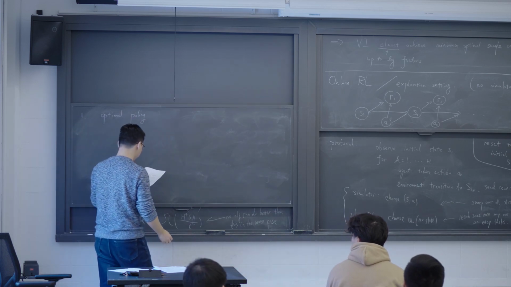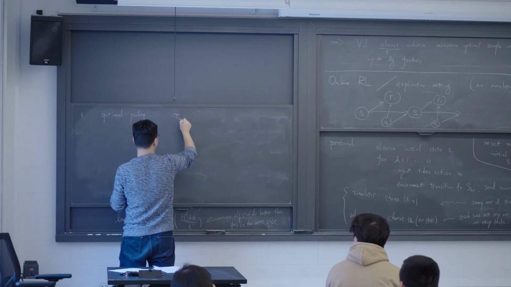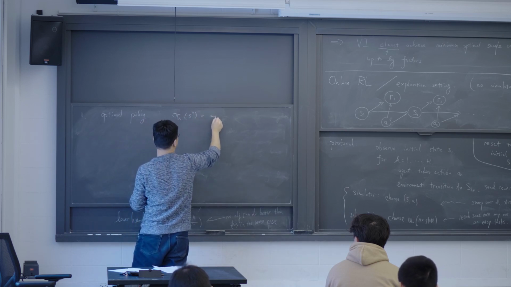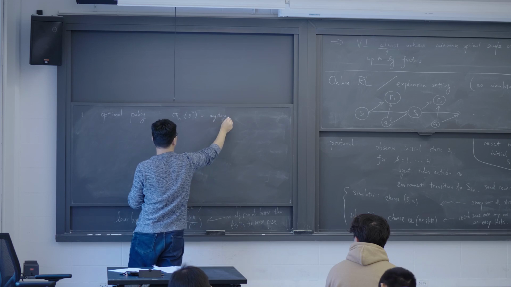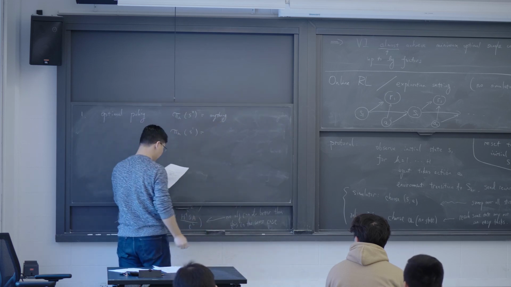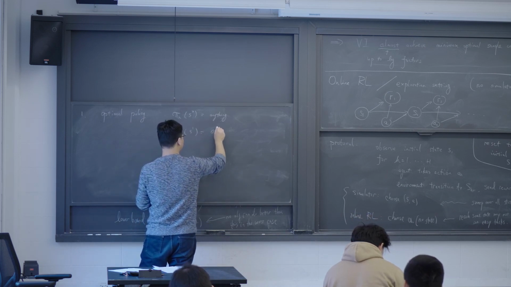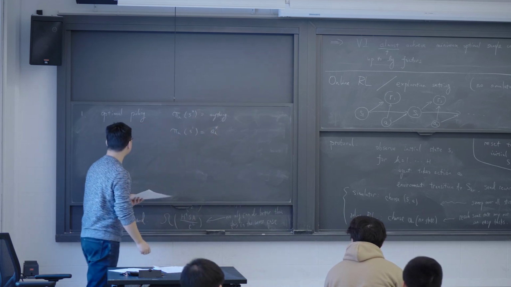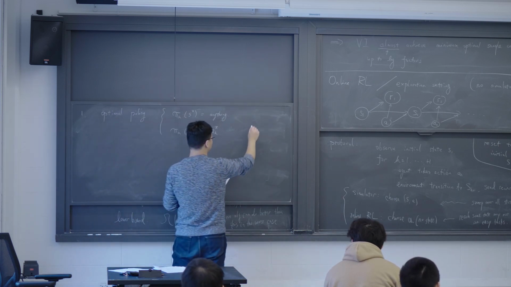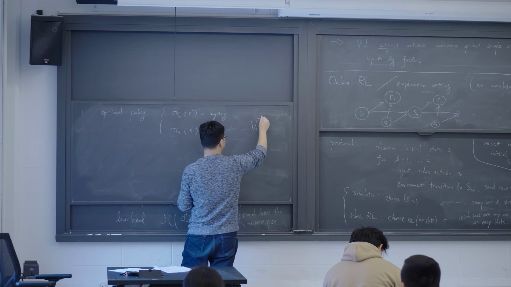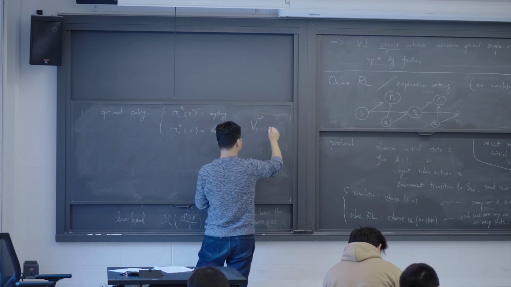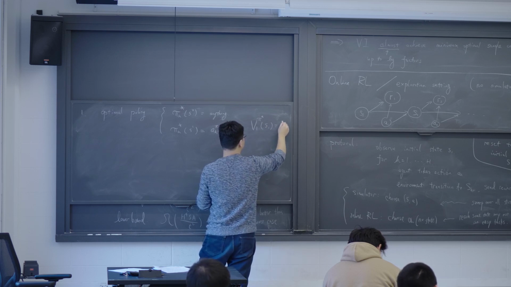The optimal policy is pi h of s0, which can be anything. It doesn't really matter. The important thing is that pi h of s1 must be ah star. This is the optimal policy, and when we choose it, the value of pi star will be equal to 1.